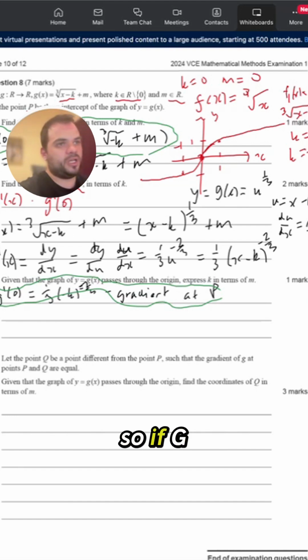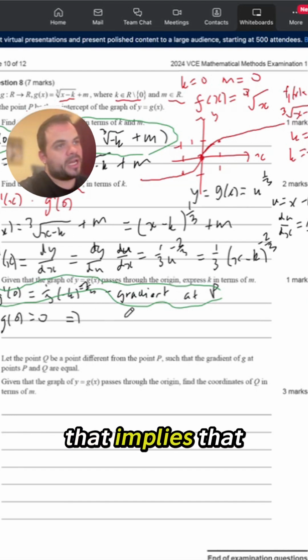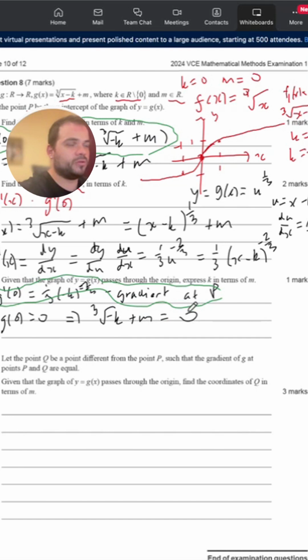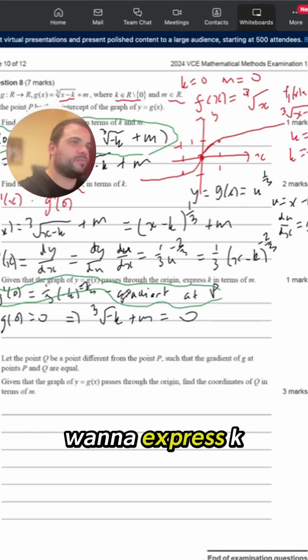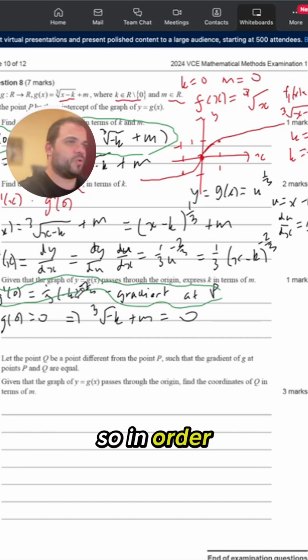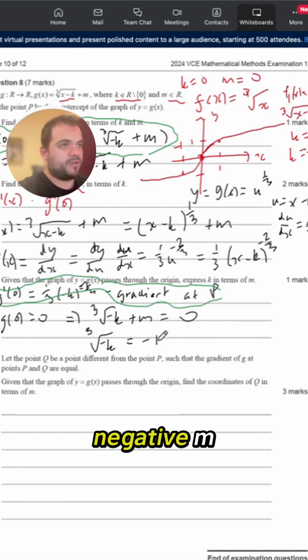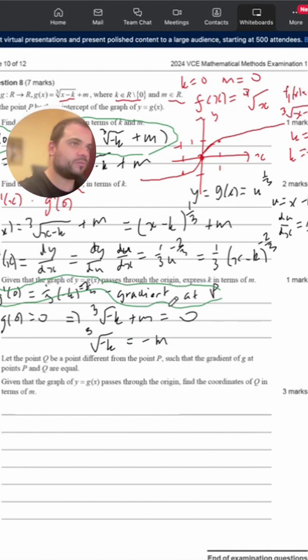So if g of 0 equals 0, that implies that the cube root of negative k plus m is equal to 0. But then we want to express k in terms of m, so we need to solve for k. So we have the cube root of negative k is equal to negative m. Subtract m from both sides.